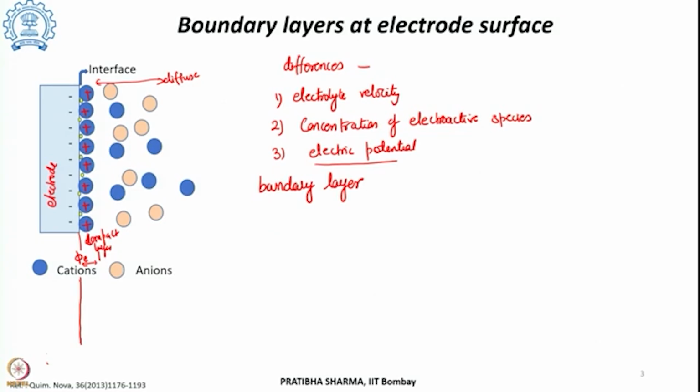Because of that there is a variation in the potential. At the electrode surface it is phi E, and in the solution it is phi S. In this compact layer it varies linearly, and thereafter in the diffuse layer it varies exponentially.